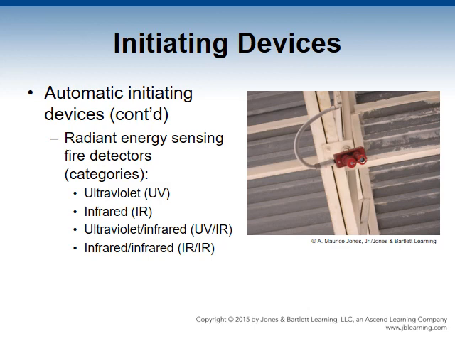This improves fire detection and reduces susceptibility to non-fire radiant energy sources. Detectors must have an unobstructed view of a protected area and be close enough to detect energy. Additional detectors are required if this is not possible.